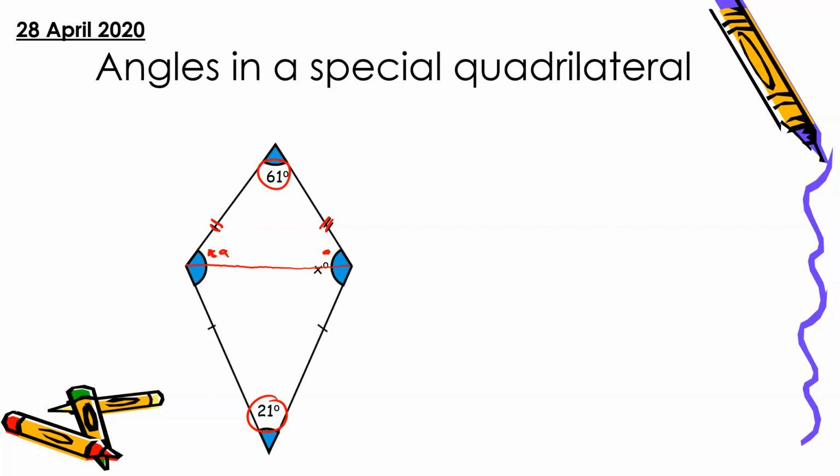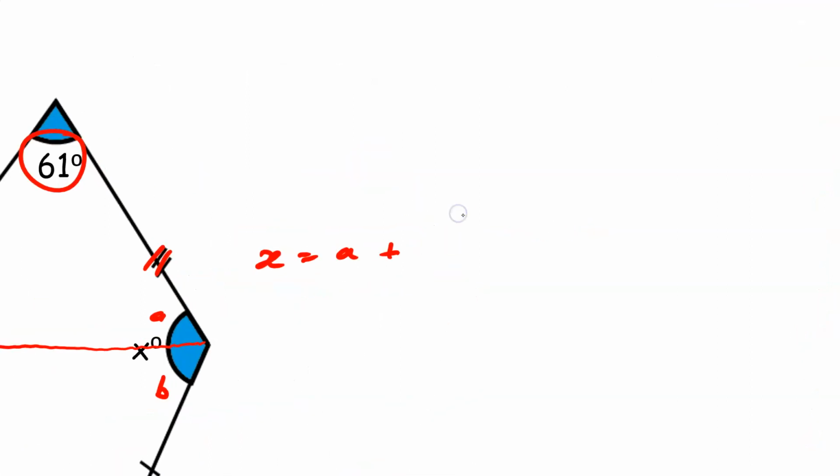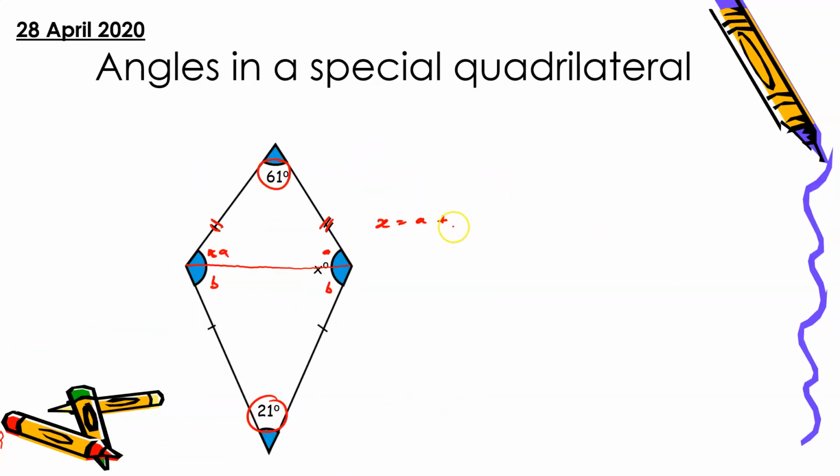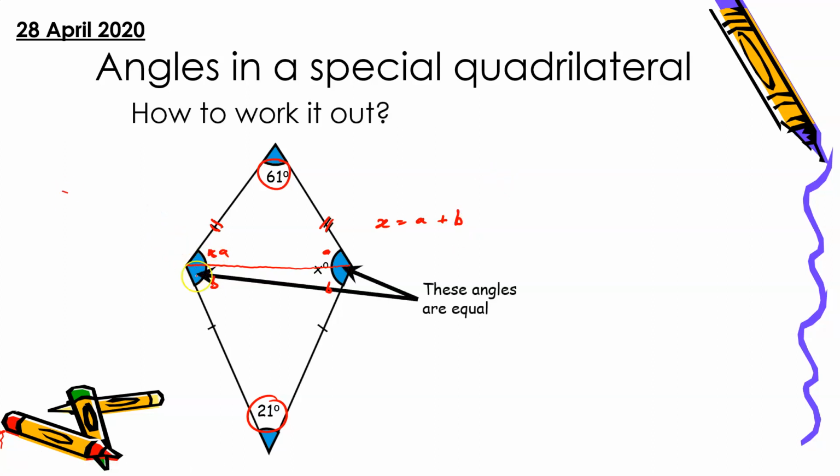And if we flip over there, then this angle and this angle must be the same. Well, hang on, if x is equal to a plus b on one side, and this angle here is also a plus b, then those angles must be equal.